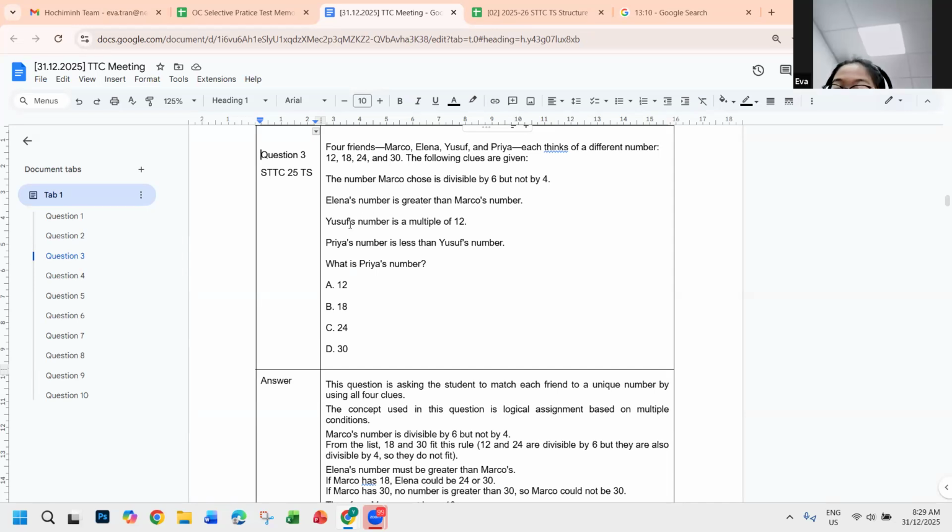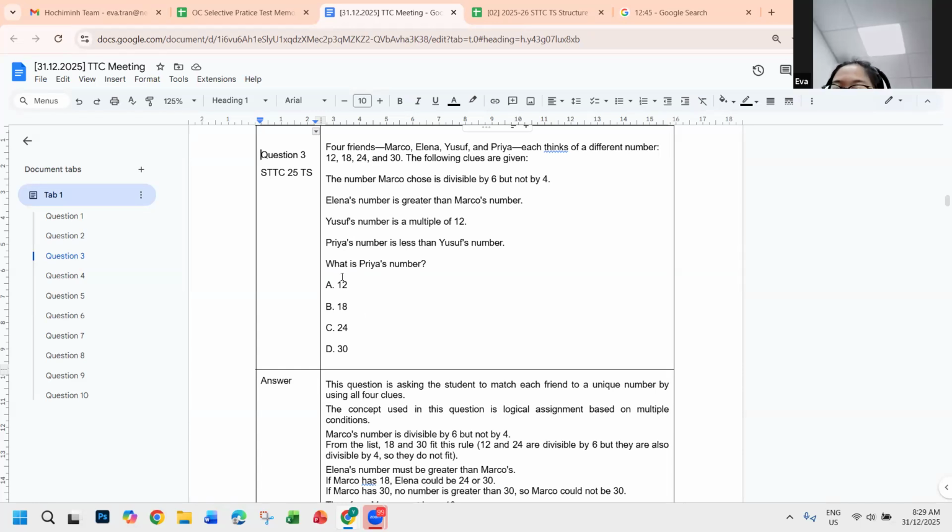From the third clue, Josu's number is a multiple of 12, and among the four numbers, only 24 is a multiple of 12, so Josu's number is 24, and Elena's number will be 30. The remaining number, 12, will belong to Priya.